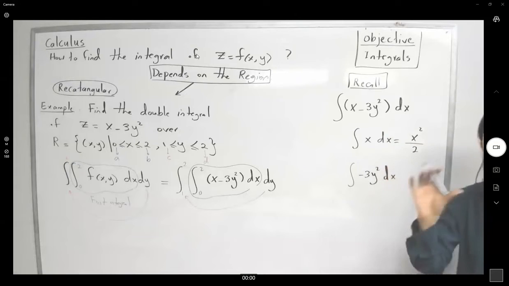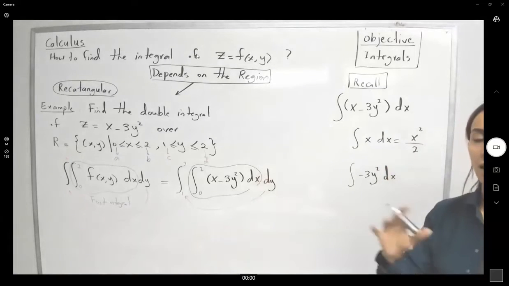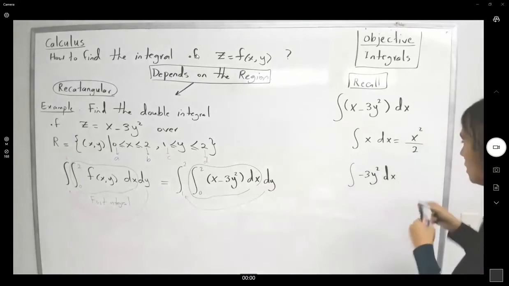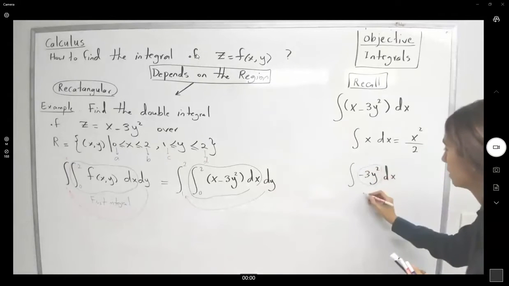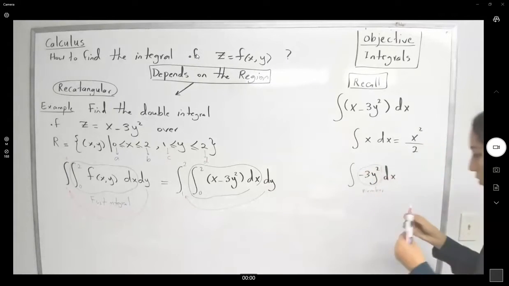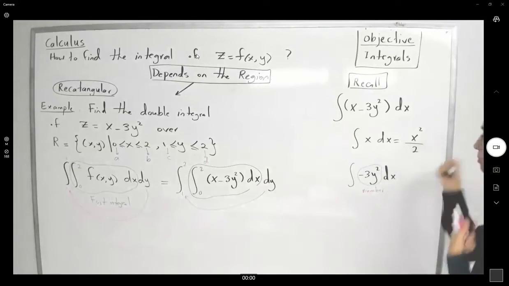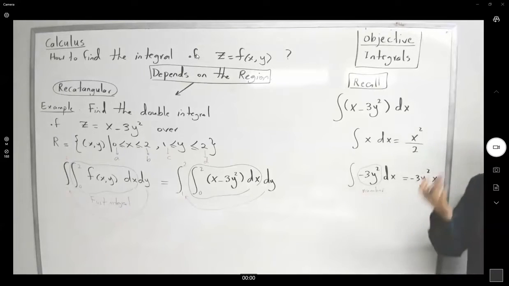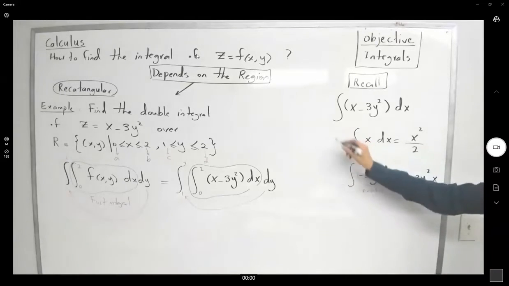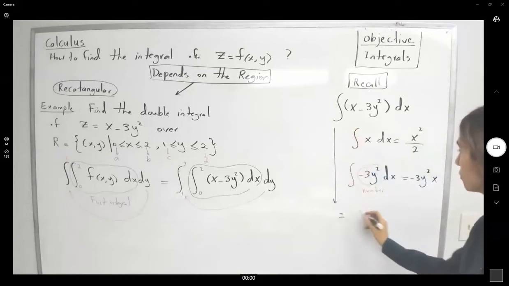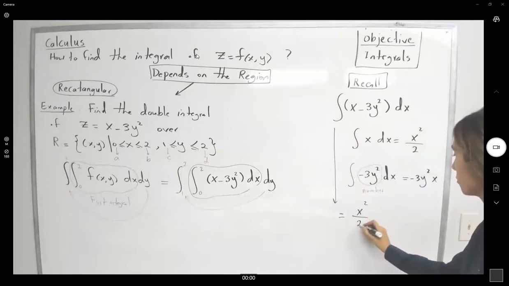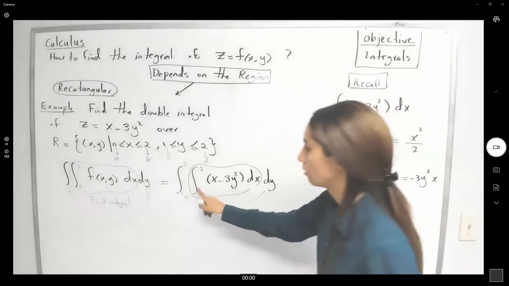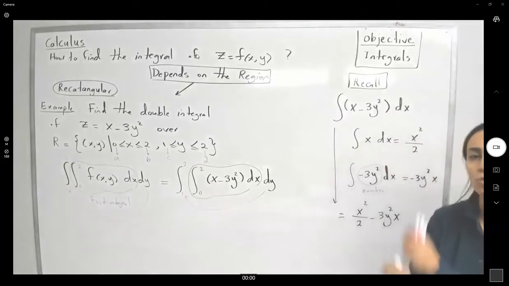It means that whatever term has a y in it is considered a constant, a number. So this guy is nothing but a constant. It doesn't have any x in it. It's just a number. So copy down the number, negative 3y squared, multiply that by x. So this integral is equal to x squared divided by 2 minus 3y squared x. And since it's a definite integral, we plug in 2, we plug in 0, do the subtraction.